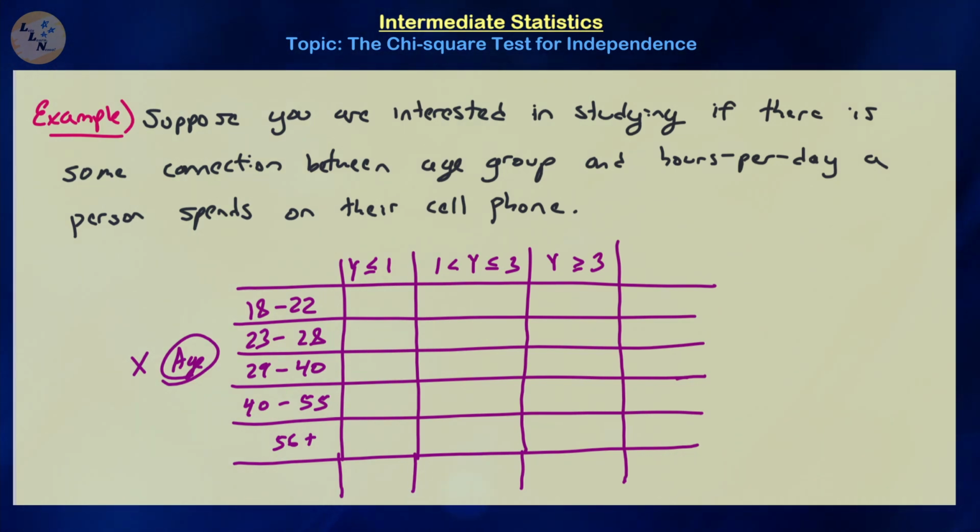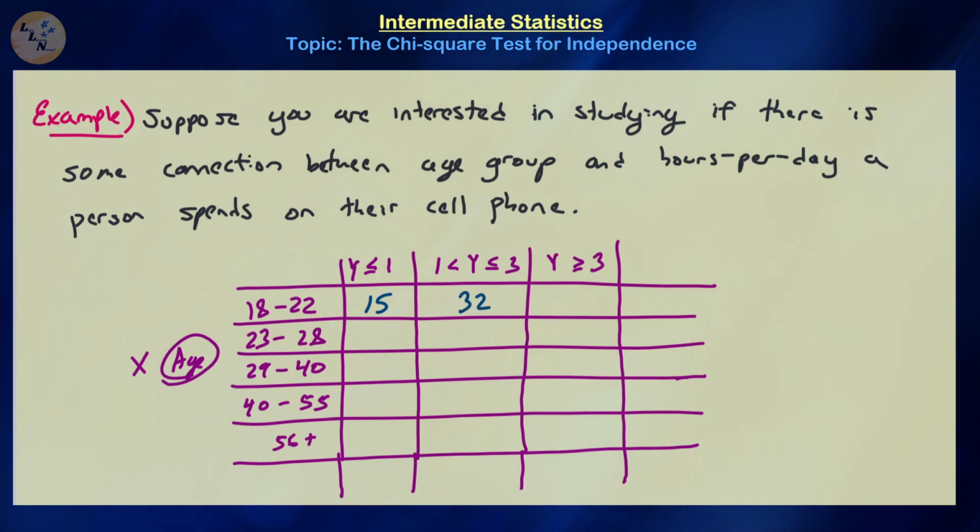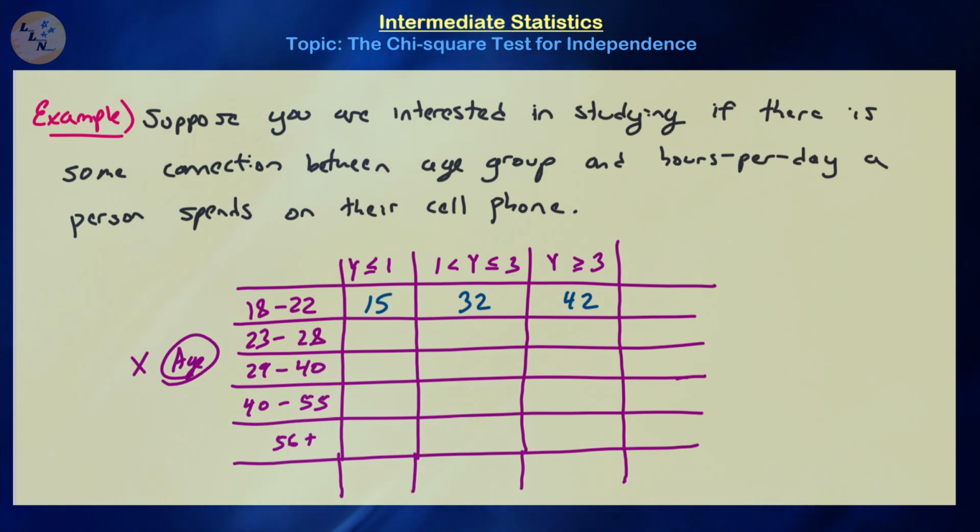So let's assume we go out and survey a number of people that fall into one of these categories. Now let's assume that 15 people between the ages of 18 to 22 spend less than 1 hour on their cell phone. Similarly, 32 of that age group that we observed spend between 1 and 3 hours per day on their cell phone, and let's assume that 42 of the people observed spend at least 3 hours on their cell phone. We could, of course, do this for every single age category, and let's just create some numbers here.